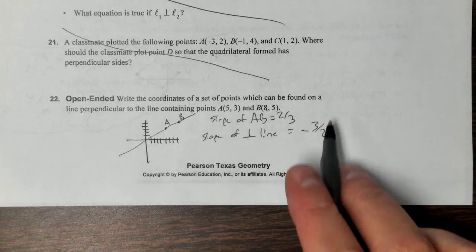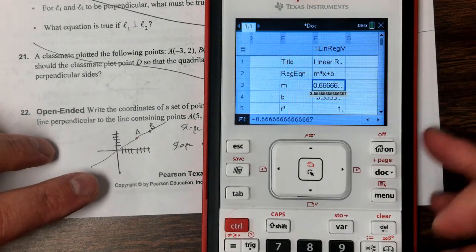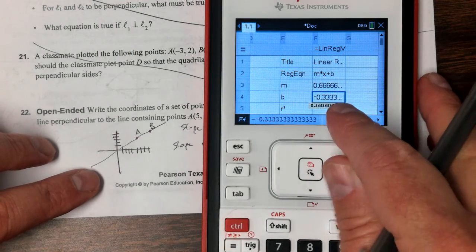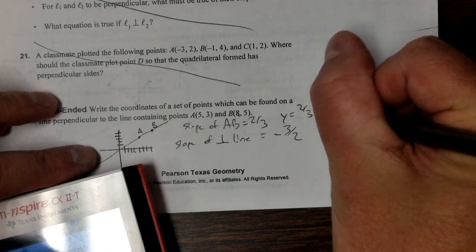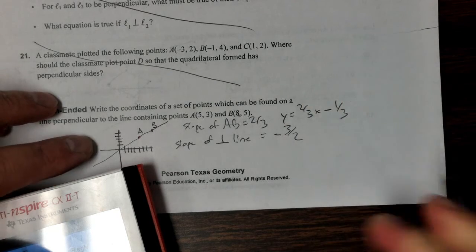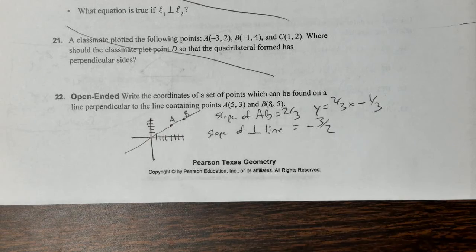What was the equation of that line? Okay, there's -1/3. So this is y equals 2/3 x minus 1/3. So it did go slightly below there.